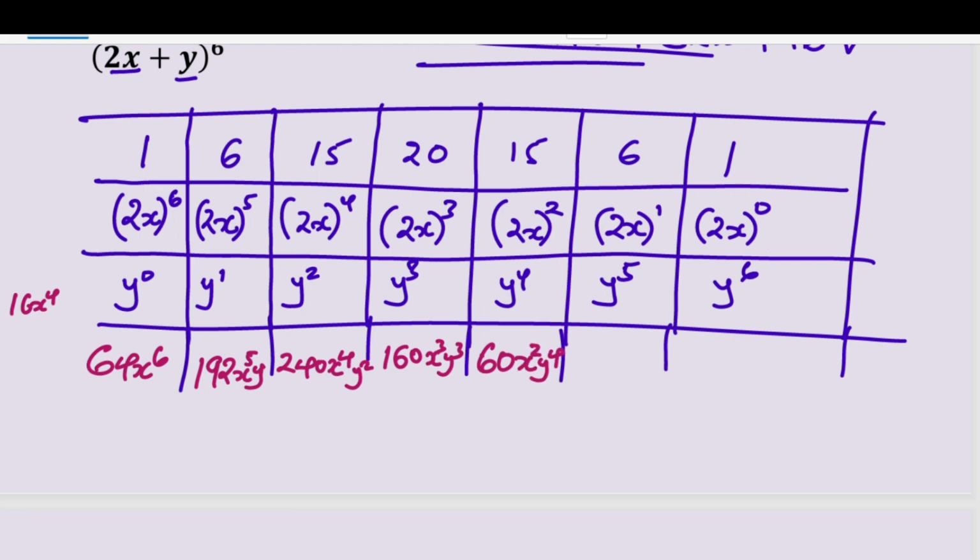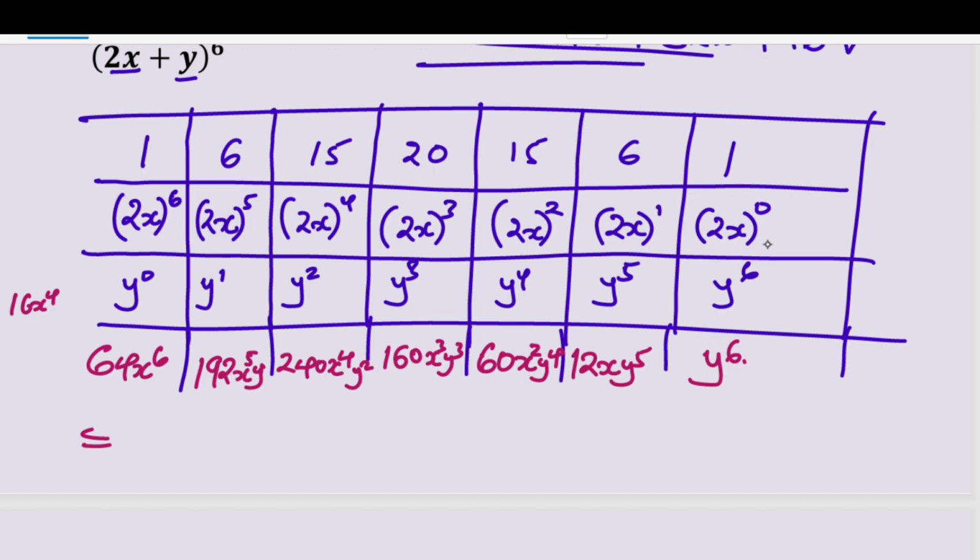Then 2x raised power 1 is just 2x. 2x by 6 should give you 12x y power 5. Then finally 2x raised power 0 is 1 times 1 to give you y raised power 6.